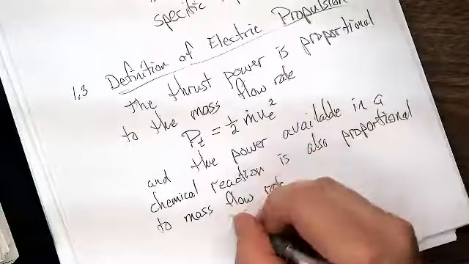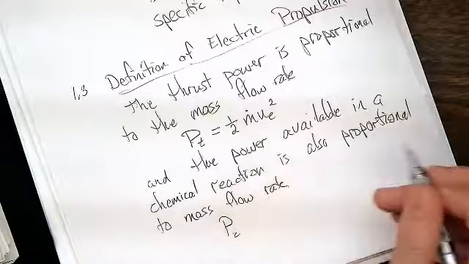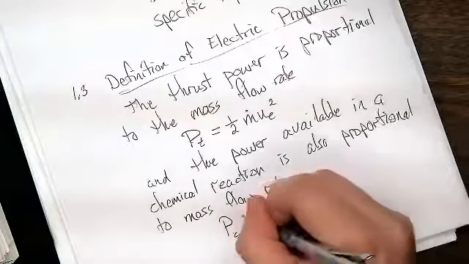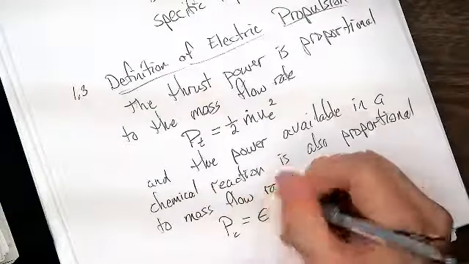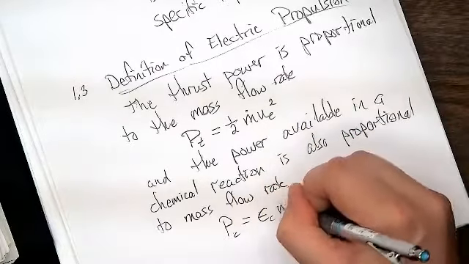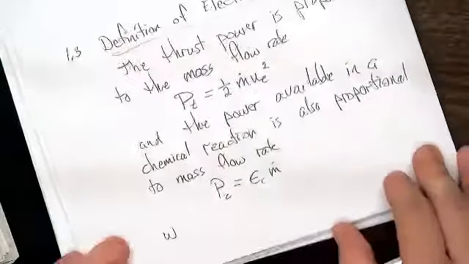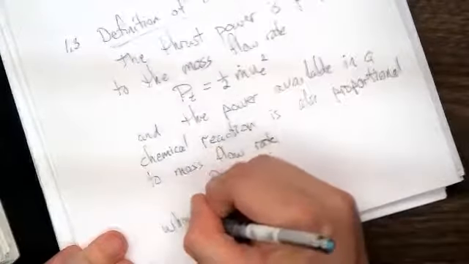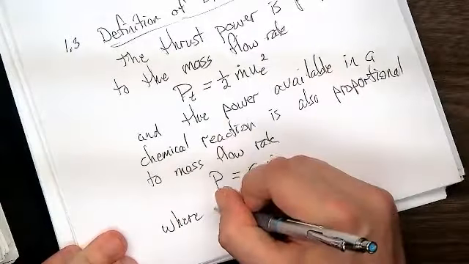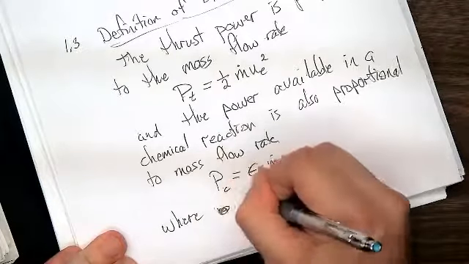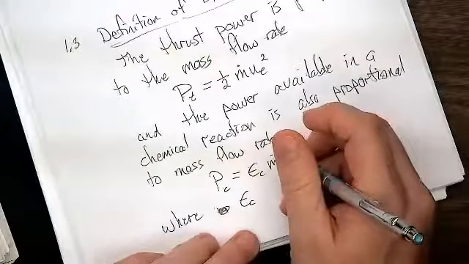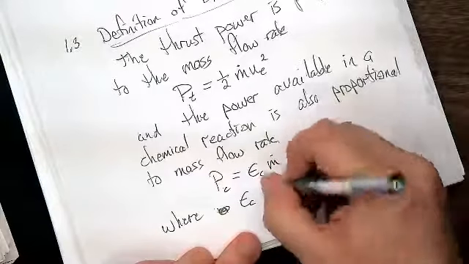So we can say P sub C for the chemical energy is equal to epsilon sub C times m dot, where epsilon sub C is the specific energy of combustion.